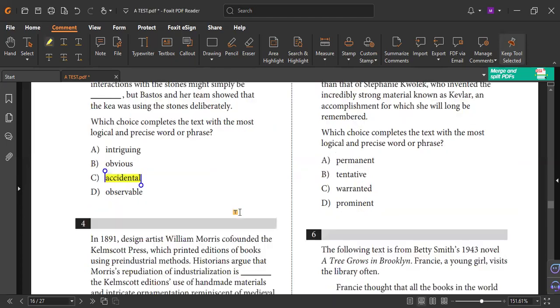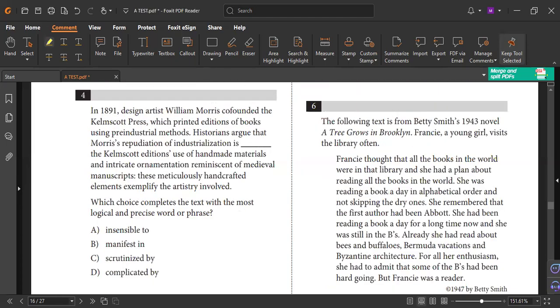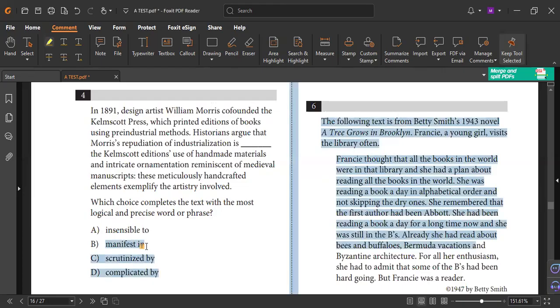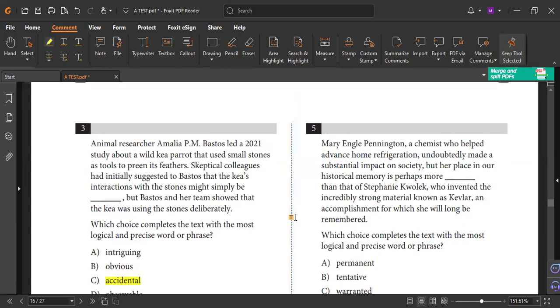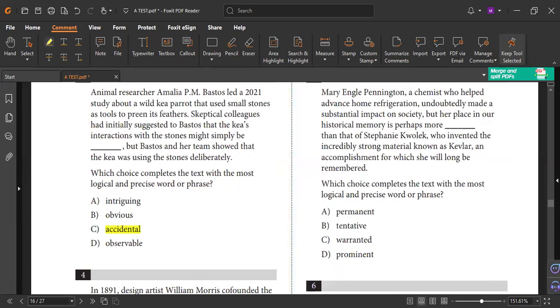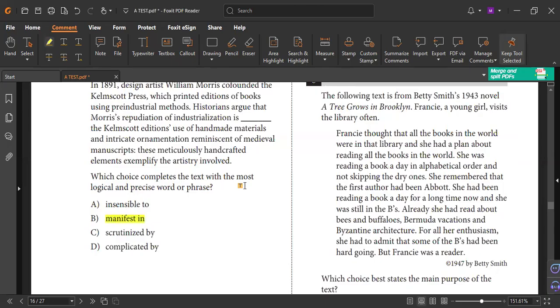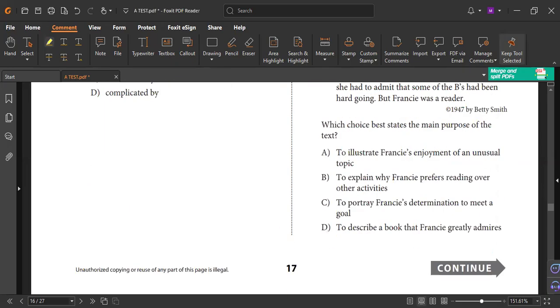Number 4, it's B. 4, it is letter B, correct. 5 is B. Number 5, it is B, right. Number 6, 6 is C. Number 6, C, correct.